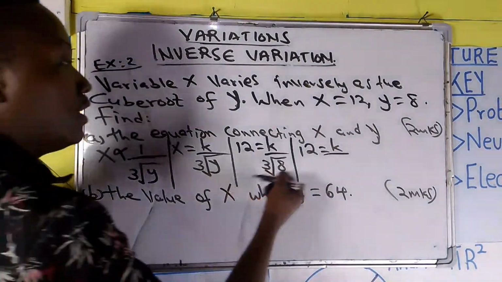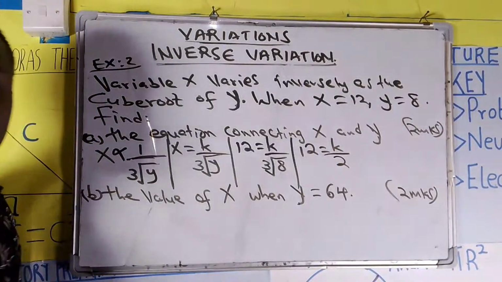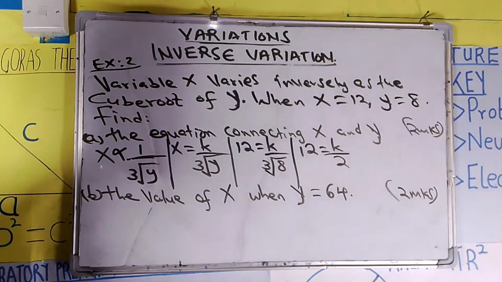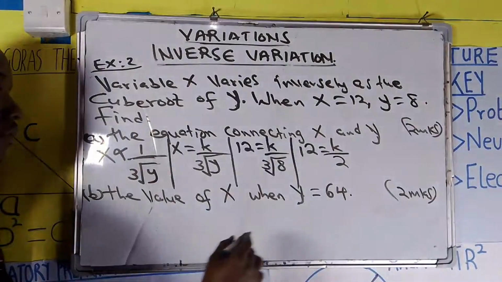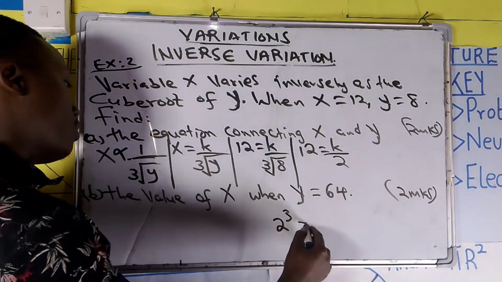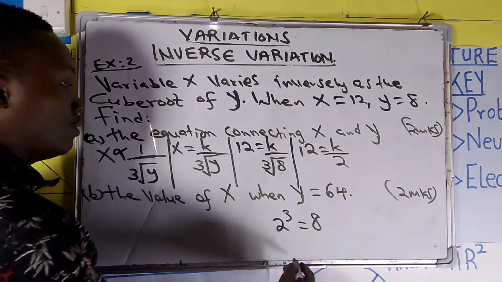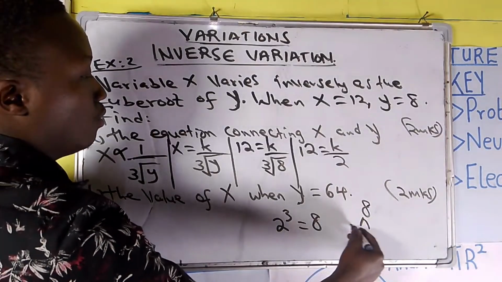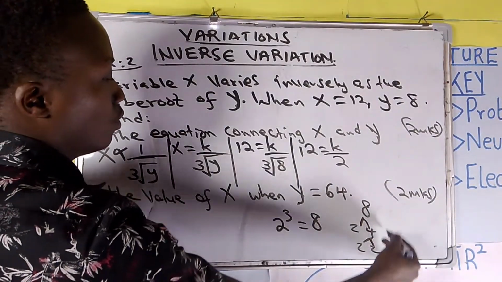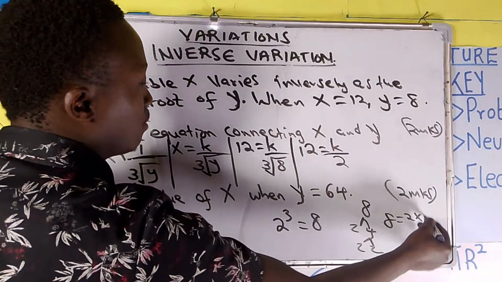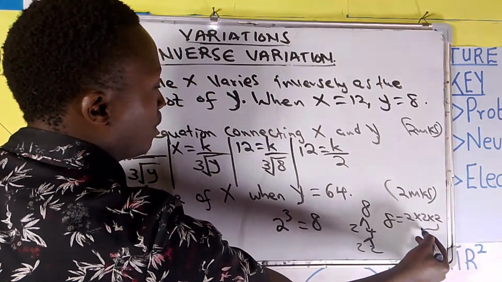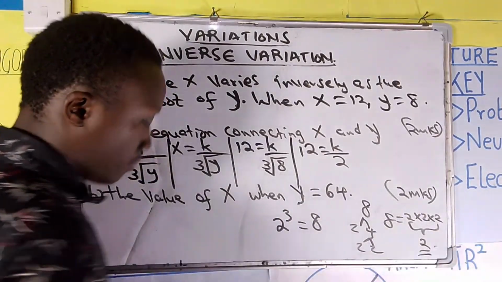The cube root of 8 is 2, because if you have 2 cubed, it is equal to 8. So 8 divided by 2, 4, divided by 2, 2. So 8 is equal to 2 times 2 times 2. You have to pick only one, which is 2.